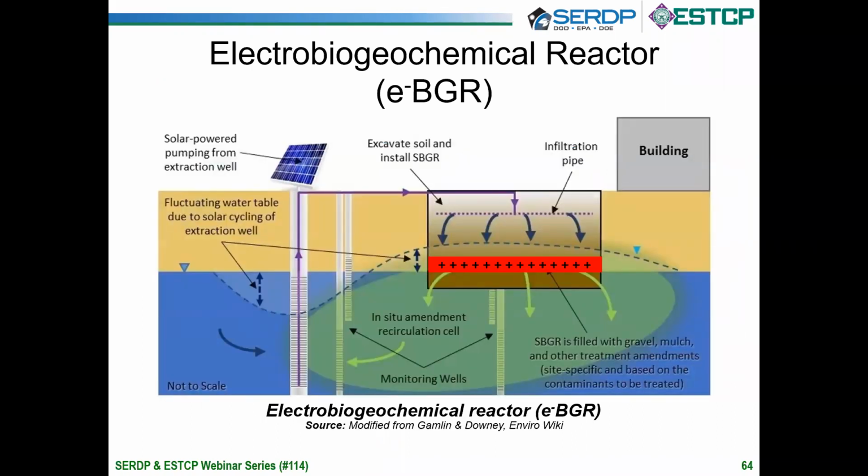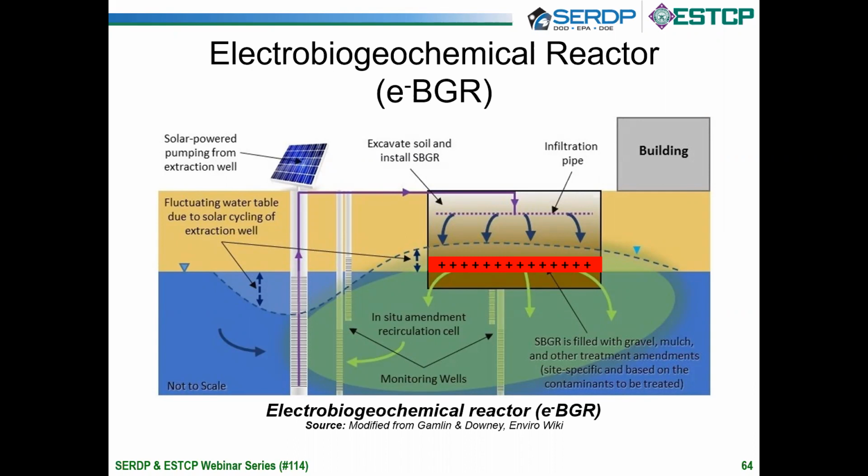So this concept is really based on Jacob's concept of the subgrade biogeochemical reactor. This would be another potential full-scale application if a permeable reactive barrier is not of interest. We can also run this as an ex situ treatment in above ground reactors, but in general, people like in situ treatment.